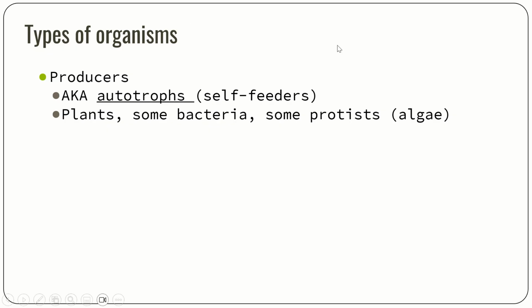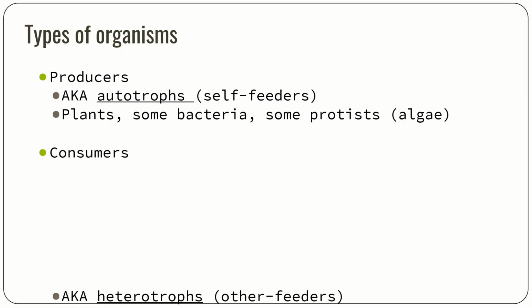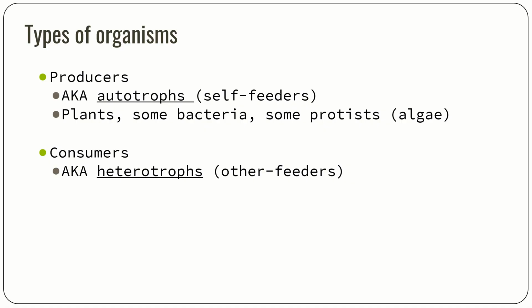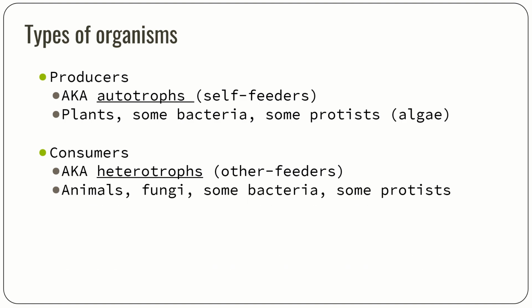Okay. The other organisms we classify as consumers because they have to consume their food. The other word for that is heterotroph. Hetero, other, troph, feeding. So they have to feed by eating other organisms. This includes kingdom Animalia, kingdom fungi, some bacteria, and again, some protists.